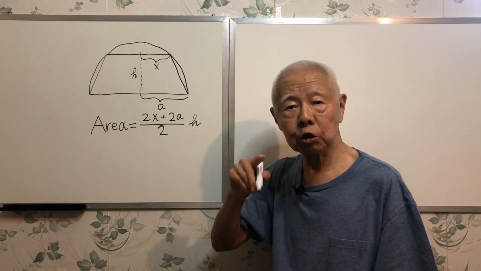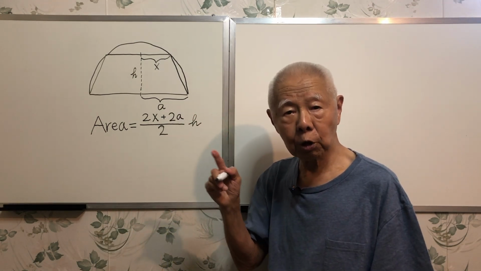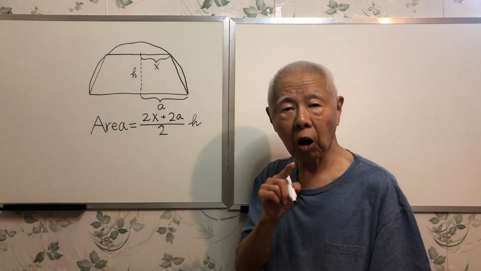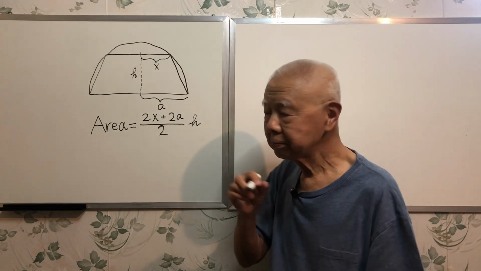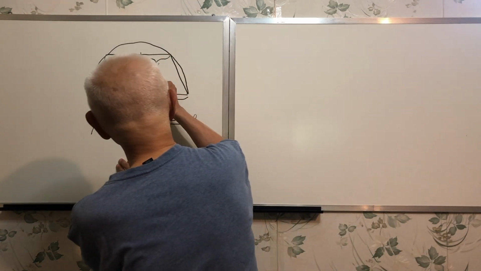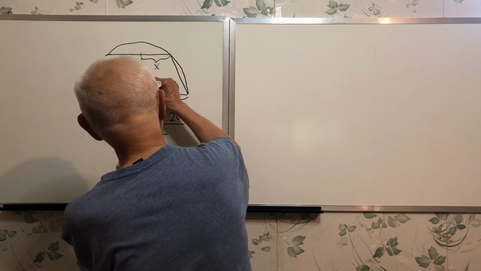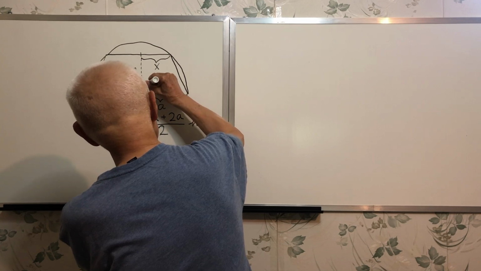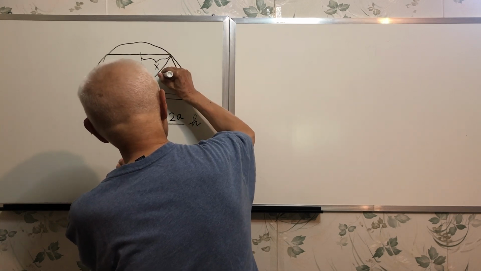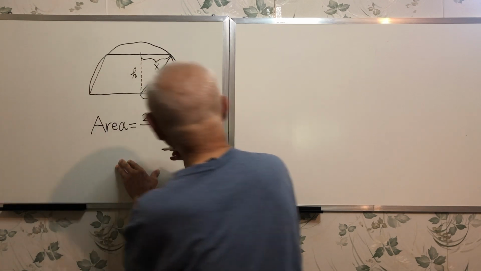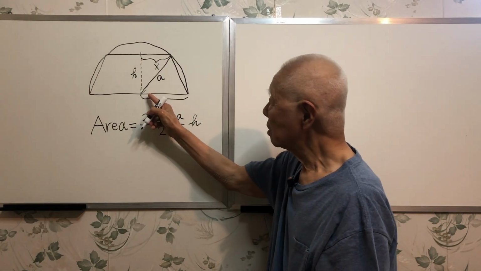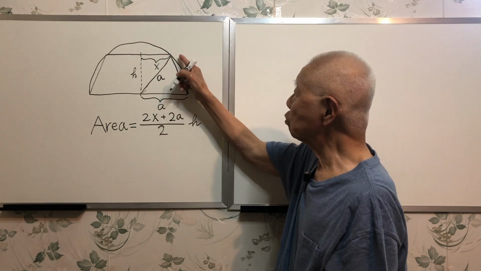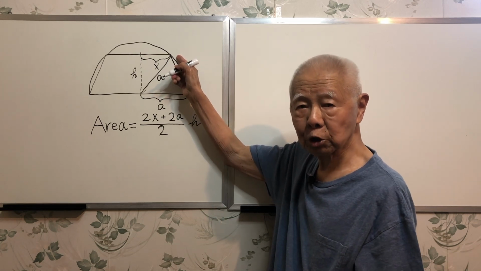What is the relation between the two variables x and h? Let me draw another radius. Join the center of the semicircle to this corner of the trapezoid.